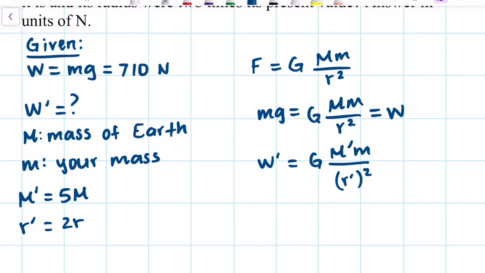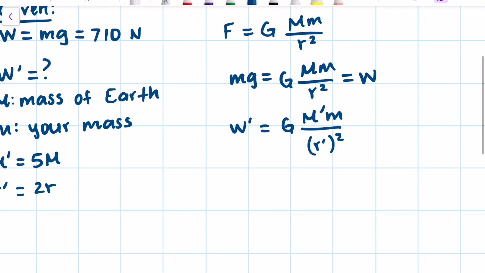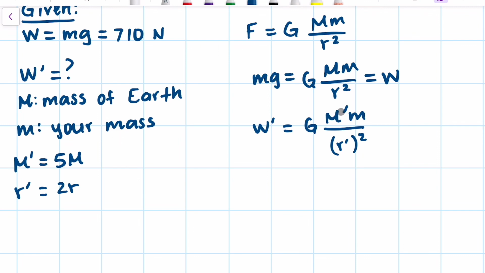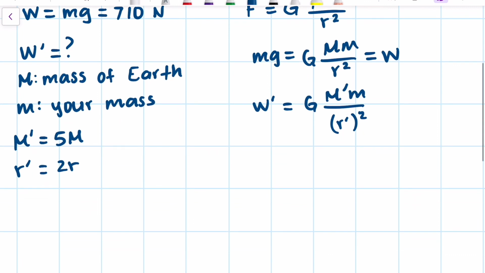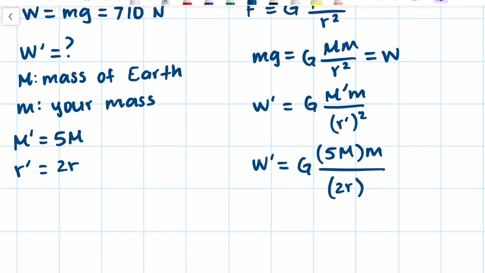So now what I'm going to do is plug these values in here. So we'll have weight prime is equal to the universal constant. M prime is 5M times lowercase m divided by r prime, which is 2r, squared.